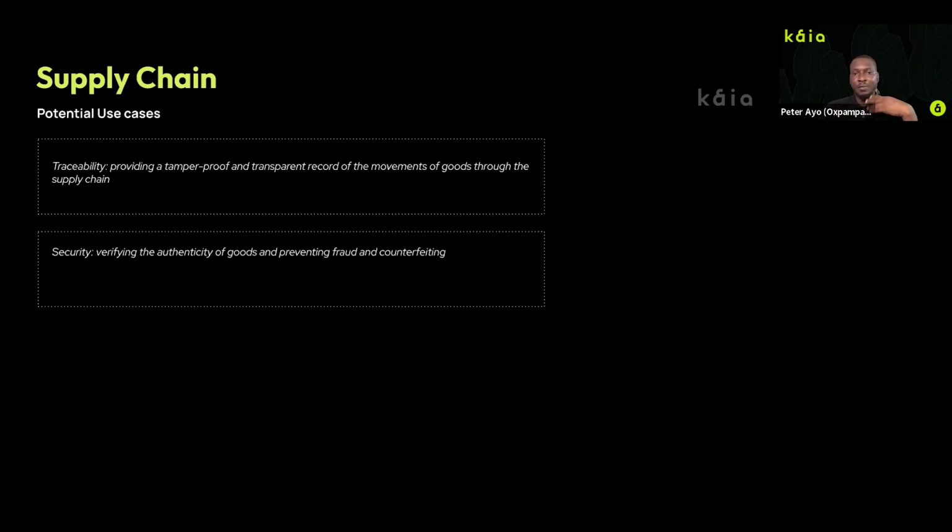So if at delivery you get goods, you can easily track them using their IDs on the blockchain and see that these goods actually originated from the actual source. This is how blockchain can disrupt the supply chain industry, improving traceability and also security.